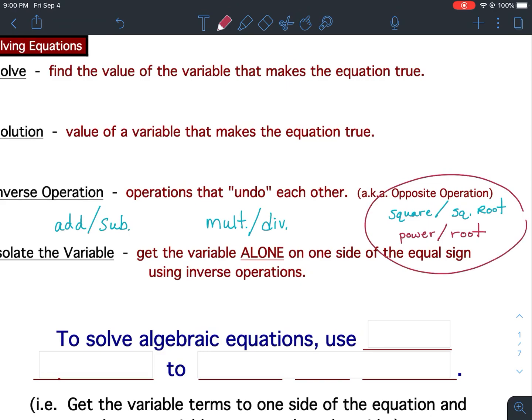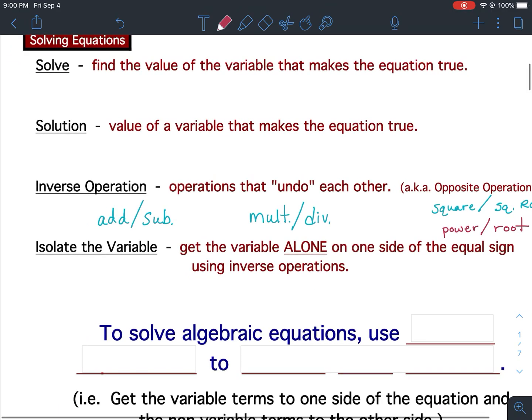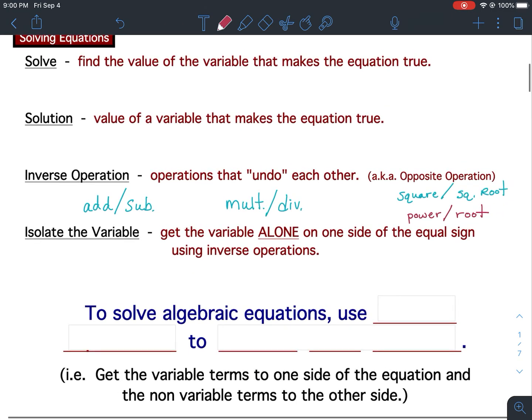We will be talking more about these at a later time, but I just wanted to point out that they are inverse operations. The operations we are going to be dealing with in this lesson are addition and subtraction, multiplication and division. Those are the ones we'll use in this lesson.